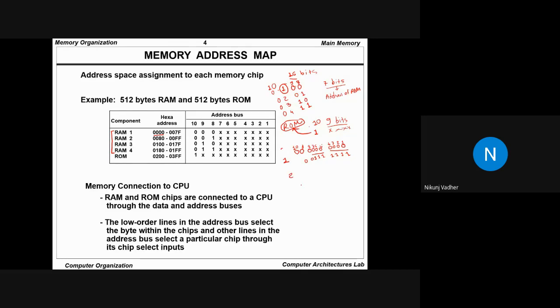For the second RAM chip, bit number 10 will be 0, bit number 9 will be 0, bit number 8 will be 1, and bits 5, 6, 7 will be 0, 0, 0. The starting address is 0, 0, 0, 0 and the ending address will be 0, 0, 1, and 1, 1, 1, 1, 1, 1.